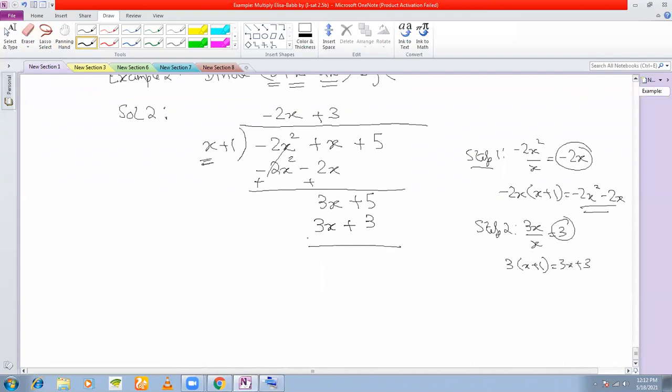Okay. Now you subtract, cancels, you get 2. So what is the quotient here? Quotient here is minus 2x plus 3, and remainder here is 2.